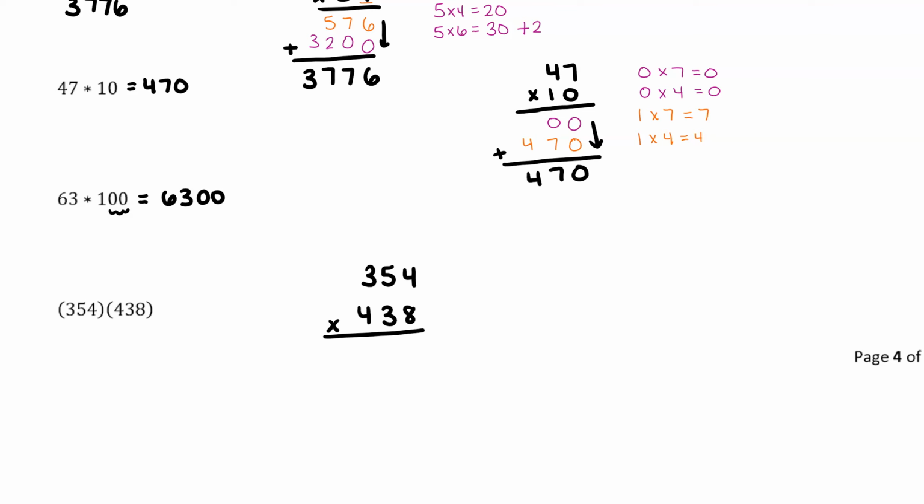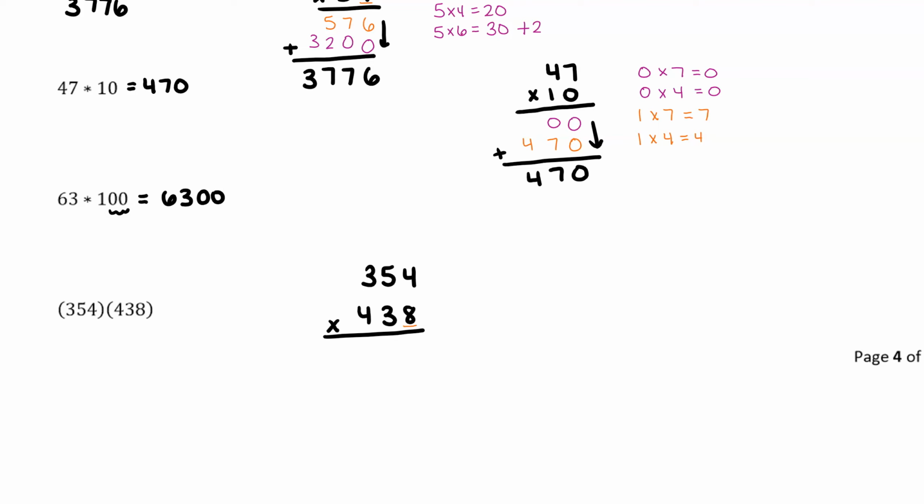We're going to start all the way to the right on the bottom number and multiply by the top 3 numbers, carrying when we need to carry, which is adding. Then we're going to move 1 space over, drop a 0, and multiply everything by 3. Then we're going to move 1 space over, so drop another 0, so 2 zeros, and multiply everything by 4. It's very systematic. You can follow the same process each time.